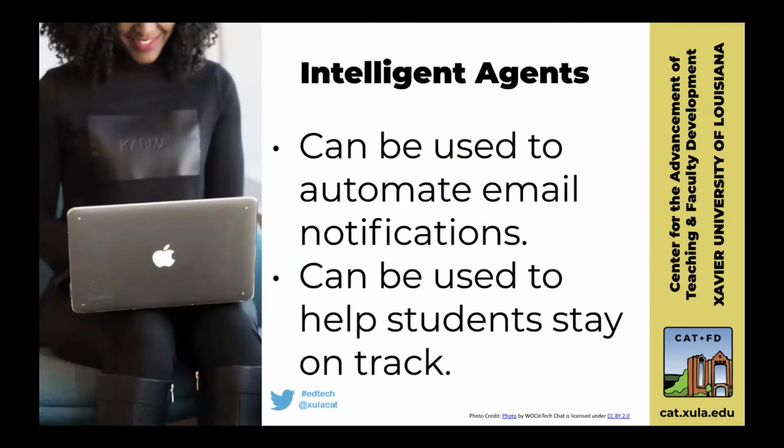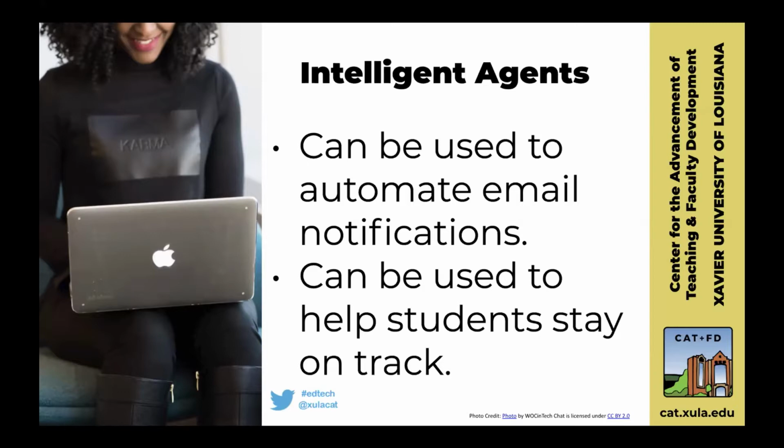All right, so it looked like we had a range of familiarity and comfort level with intelligent agents in Brightspace. Just for the sake of everybody to understand what we're talking about here, because it took me a while when we first got it to get a sense of the difference between release conditions and intelligent agents.